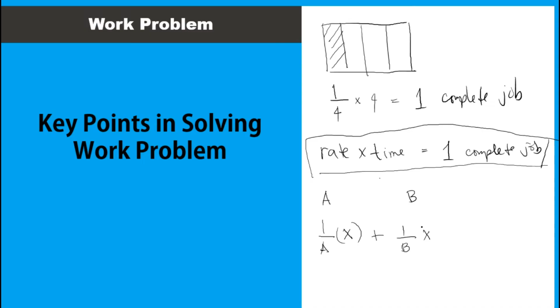That completes the job. So you have this formula: 1 over A plus 1 over B equals 1 over X.